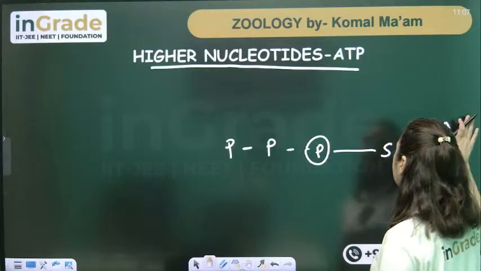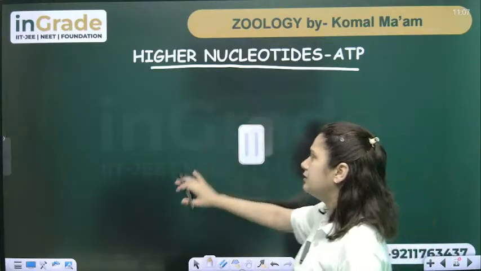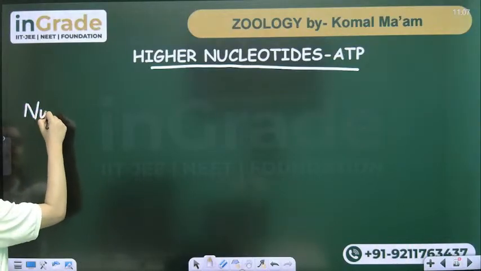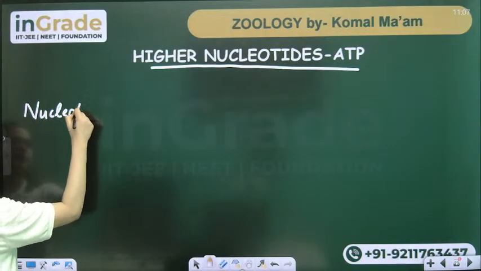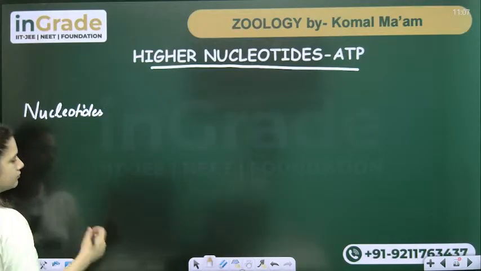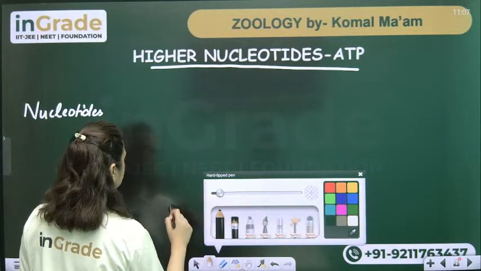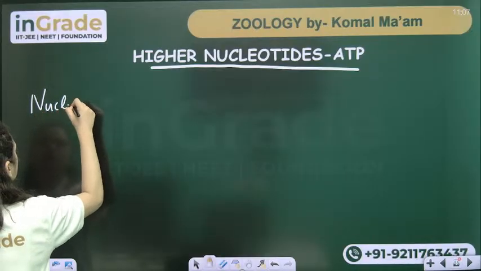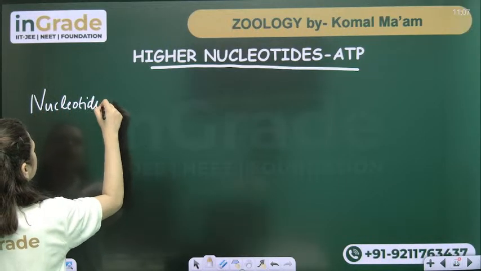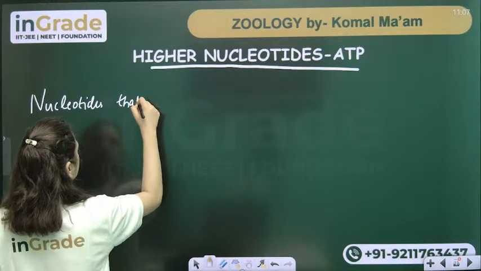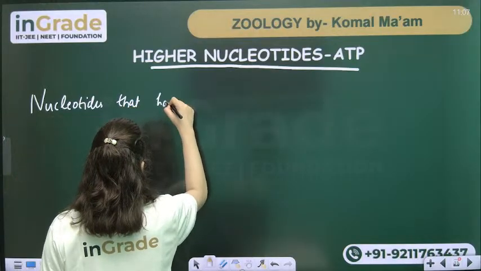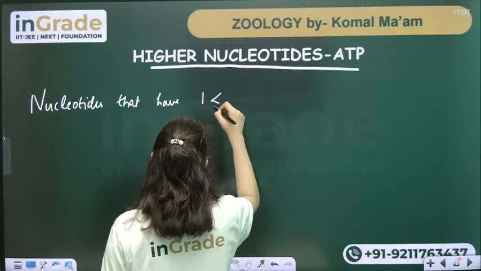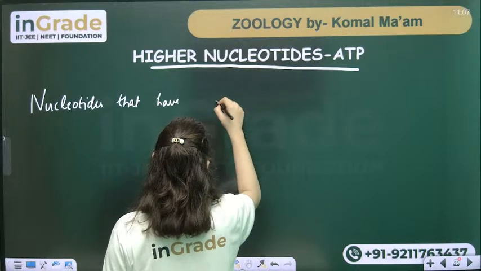So what are higher nucleotides? Higher nucleotides are basically nucleotides that have more than one phosphate group.